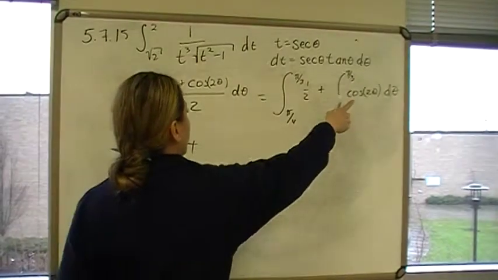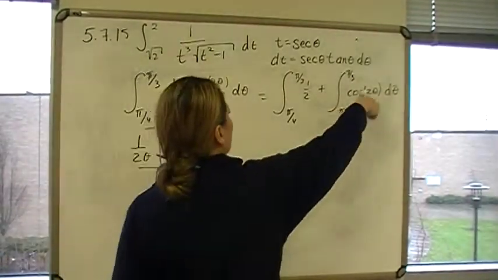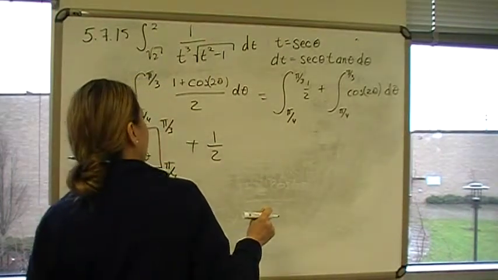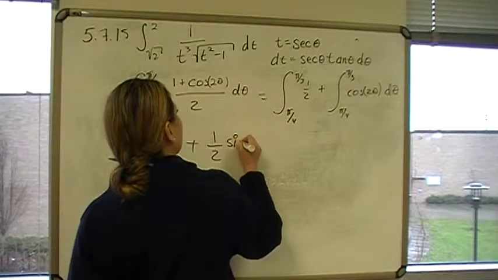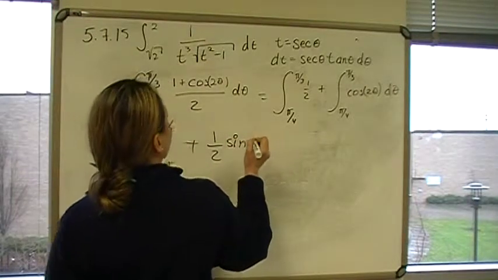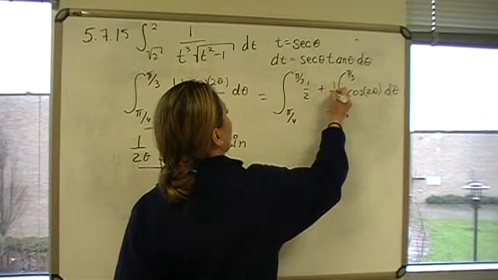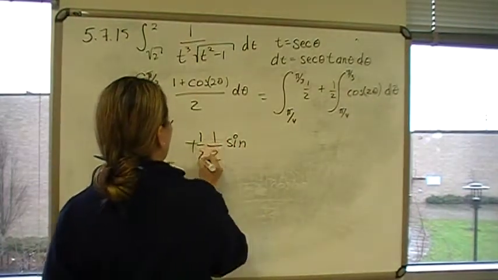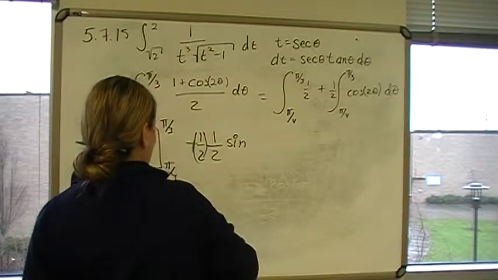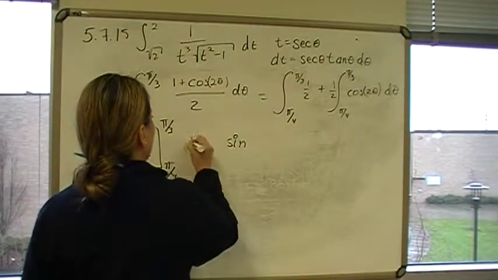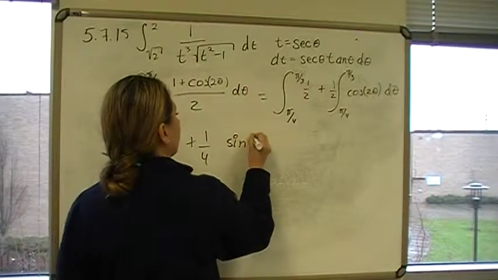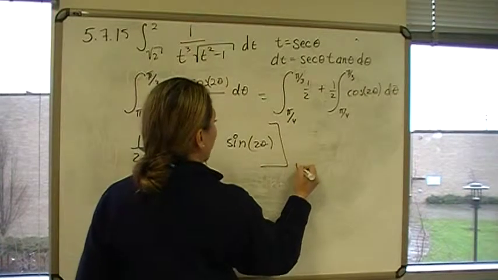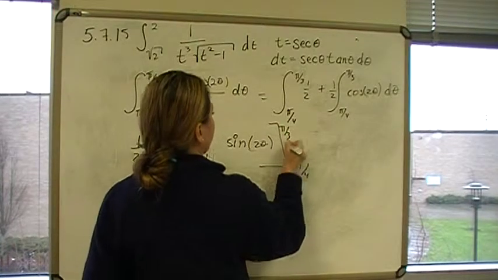And this one, the integral of cosine is sine, so it's going to give us sine 2 theta. Oh, I forgot, I lost a 1/2 from over here, so that's going to be another 1/2. 1/2 times 1/2 is 1/4. So plus 1/4 sine 2 theta, evaluated from pi fourths to pi thirds.